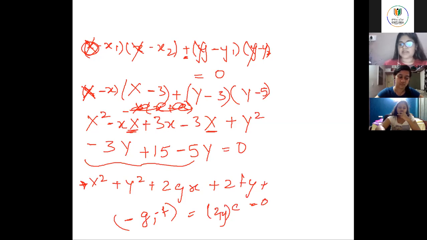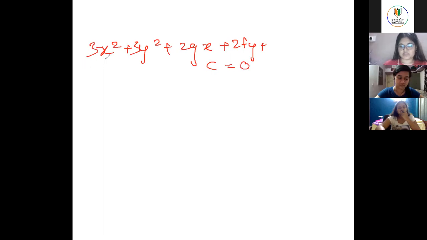If at all here they have given a coefficient, how can you eliminate the coefficient? If x square and y square have the same coefficient, then you can divide the whole equation by that coefficient so that the x square and y square coefficients become equal to 1. Correct? So if you have 3y square given to you, and x square also has a 3 in its coefficient, then I can divide the whole equation by 3.